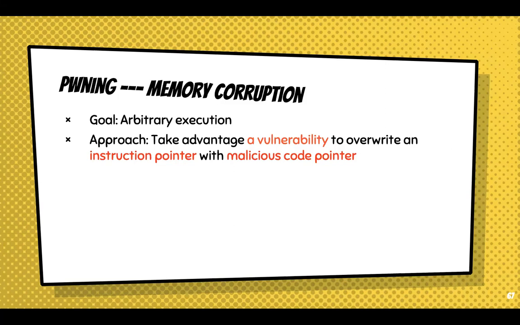When I say instruction pointer, it also includes function pointer. That instruction pointer will be overwritten, replaced with a malicious code pointer, so that later on, when we call the function again, or when the instruction pointer is used again, it will go to the malicious part of the code.